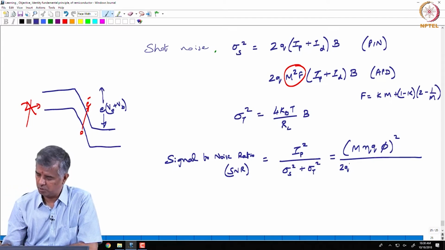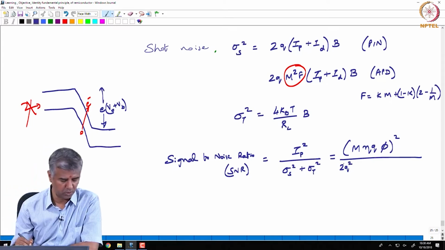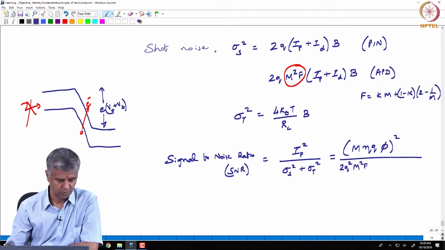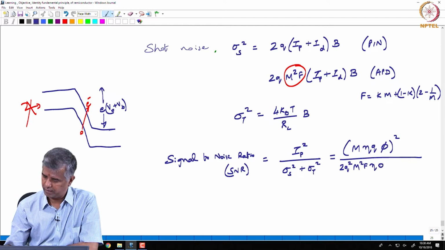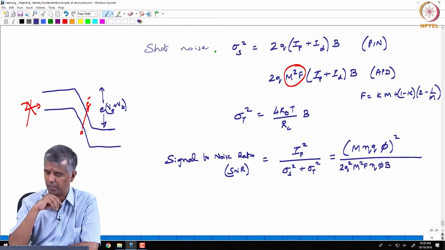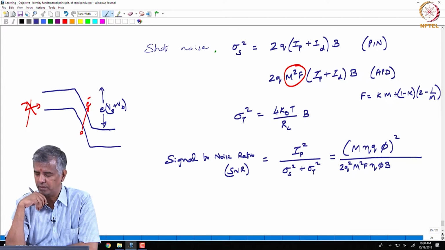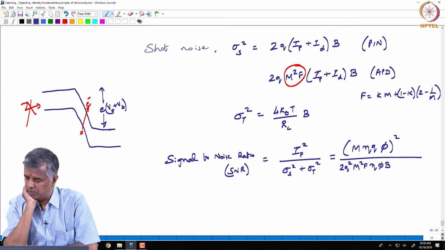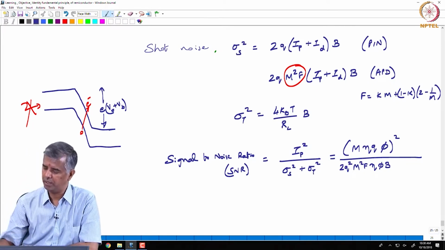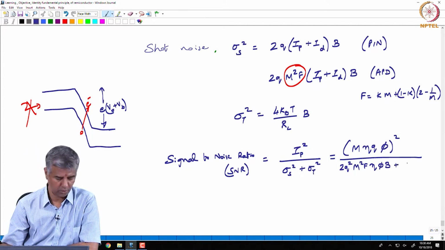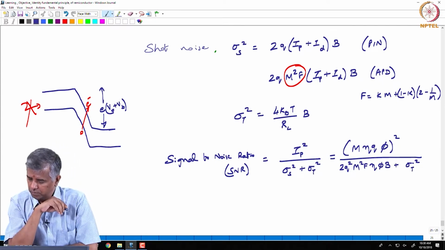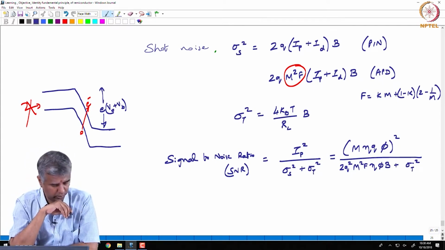So, there is actually a q that comes from there. So, you can write it as 2 q square M square F eta phi multiplied by B, where M square F actually corresponds to the extra factor that comes about when you use an APD, plus you have your sigma_t square.